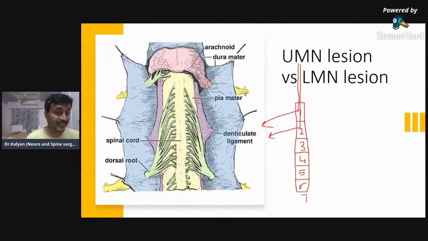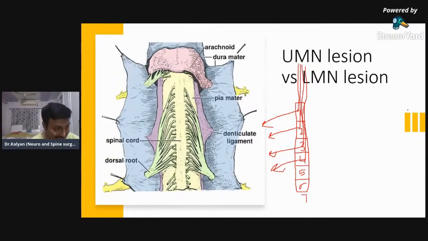This concept is very important, so I'm going to go slow. Have patience, and if you have a pen and paper, try to draw it. How many of you have pen and paper? So these are the nerve fibers which are going to 3, and these are the nerve fibers which are going to 4.